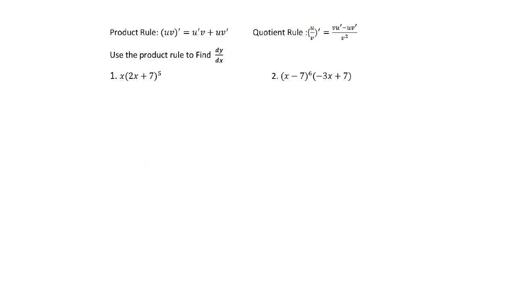Let's go to number 2. Still, dy/dx equals, you think of this as u, this as v. This time, let's do the v prime first. So (x - 7) to the 6th power stays. Then negative 3x + 7, we do the derivative. Then plus.